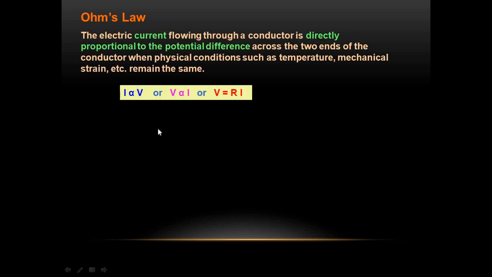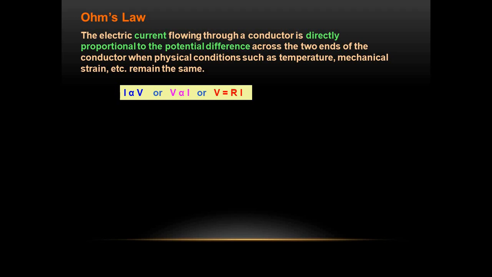Ohm's law states that the current flowing through a conductor under constant physical conditions is directly proportional to the potential difference across the two ends of the conductor, when physical conditions such as temperature, mechanical strain, etc. remain the same. This must be remembered: the current flowing in the conductor does not only depend upon the potential difference, it may also depend upon external factors.